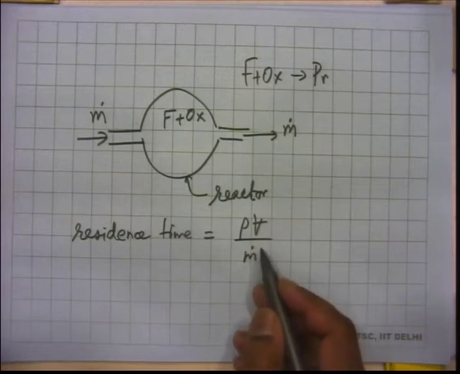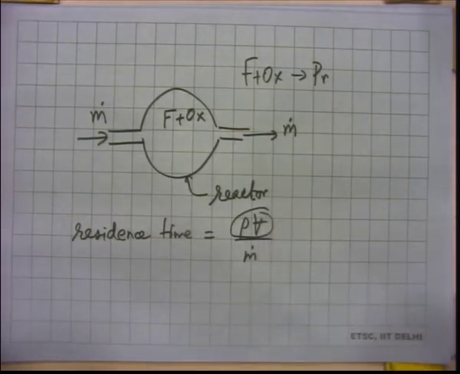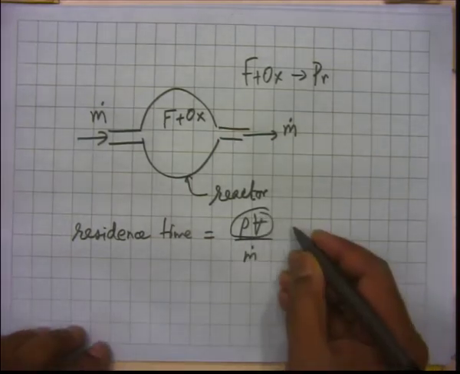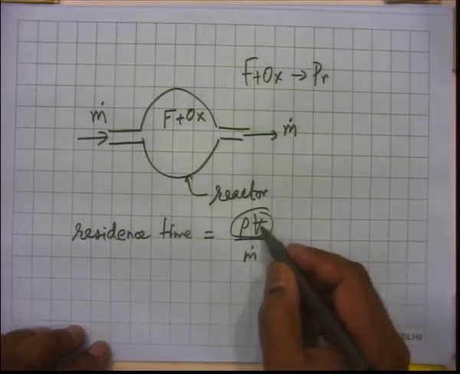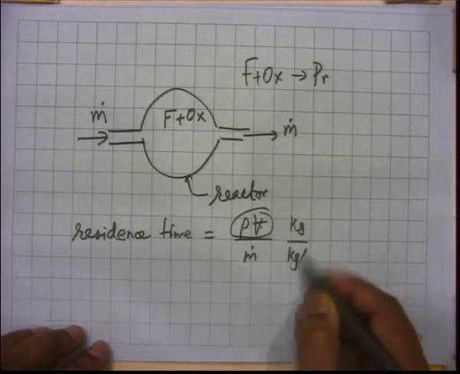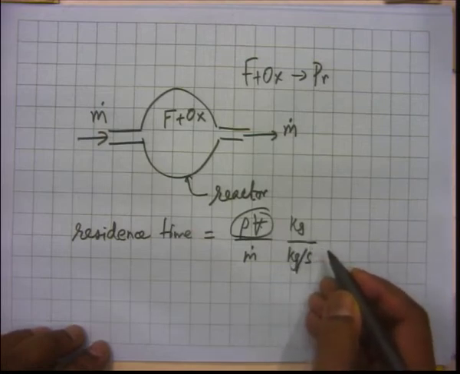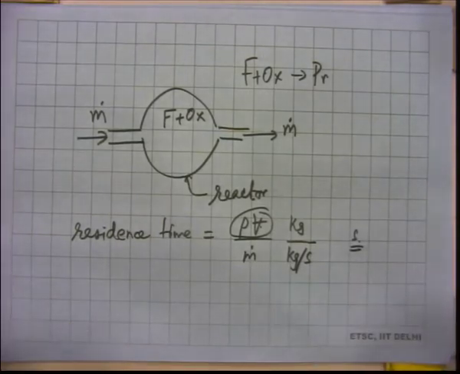That should be a residence time, because this has unit of kg. Density is kg per cubic meter, this is volume, so this is meter cubed. So, this is kg, and you are sending at kg per second, m dot is kg per second. So, you get a time. So, this is time. Okay. So, this is residence time.